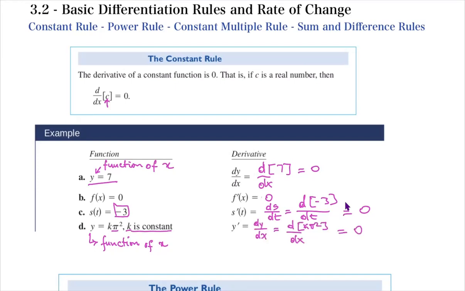The application of the constant rule is this: whenever I'm calculating the derivative with respect to something that is not included in my expression, that means I'm deriving a constant expression with respect to my variable, and that is going to be 0.